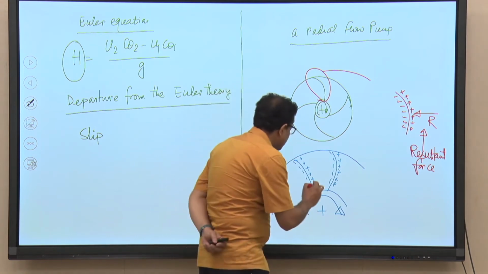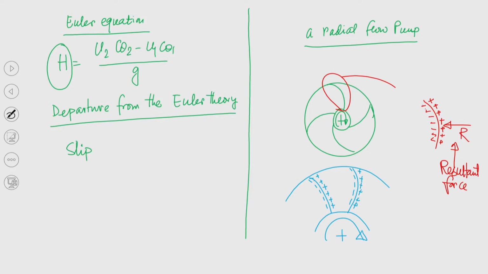So, you can see that when the fluid is flowing through the passage, this is the flow direction. So, flow through the impeller, to be precise, flow through this passage between 2 consecutive blades.